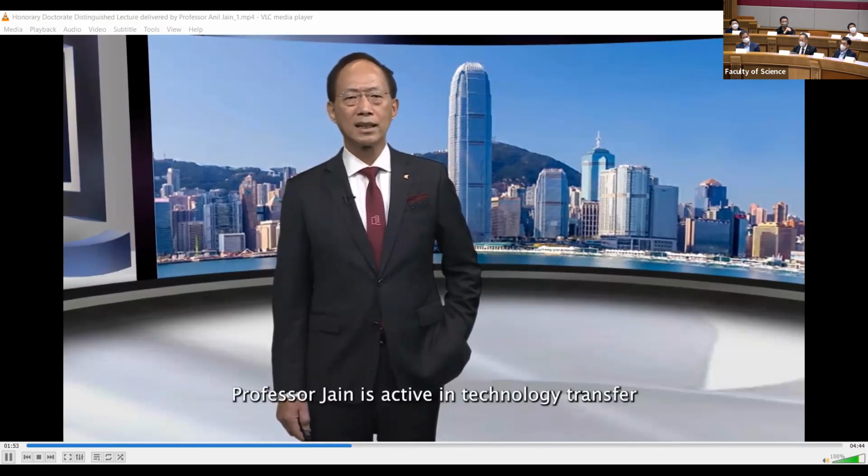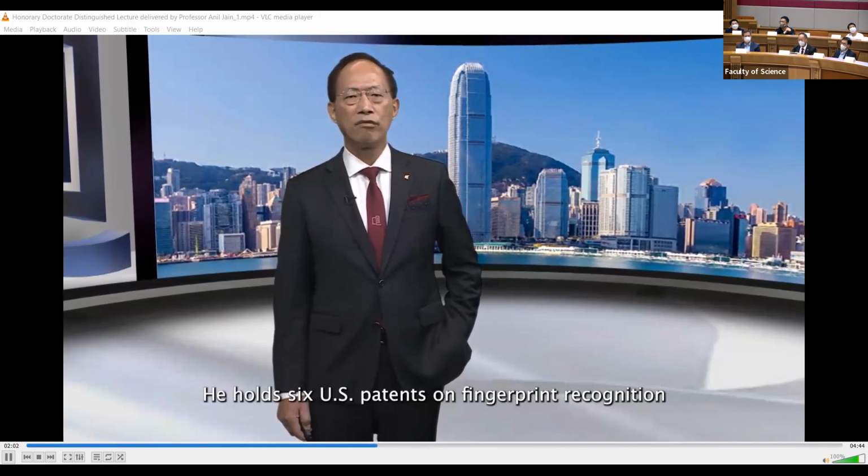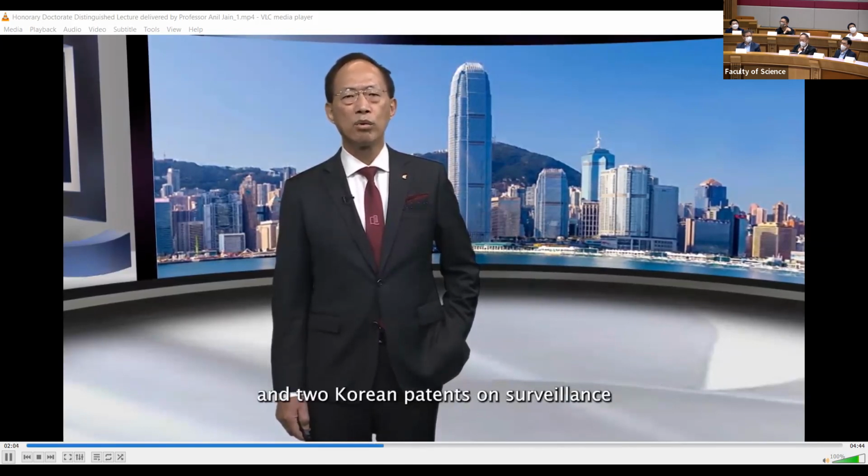Professor Jain is active in technology transfer, for which he was elected to the U.S. National Academy of Inventors. He holds 6 U.S. patents on fingerprint recognition and 2 Korean patents on surveillance.